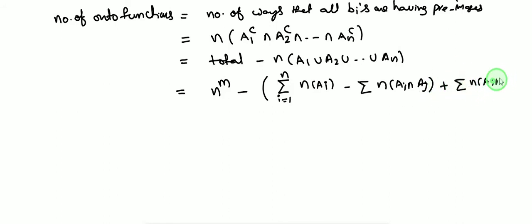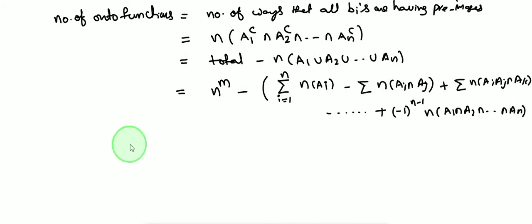When you have a combination of two sets, you have a negative sign. So that means (minus 1) whole power n minus 1 times n(A1 intersection A2 intersection and so on intersection An), which is equal to n power m minus n(Ai). Here n(A1) means b1 does not have any pre-image.